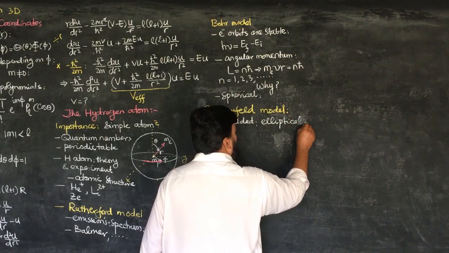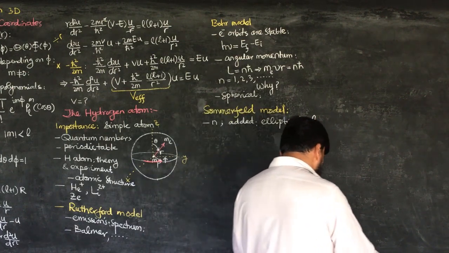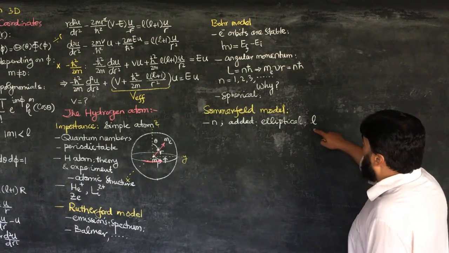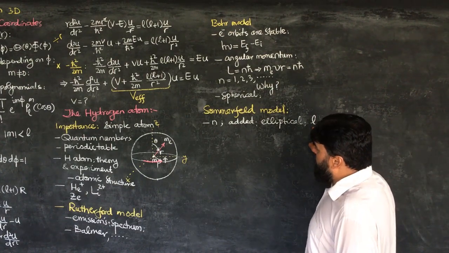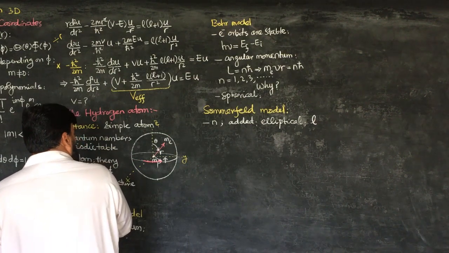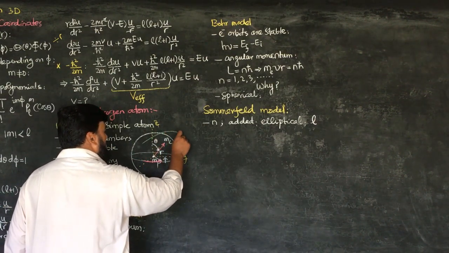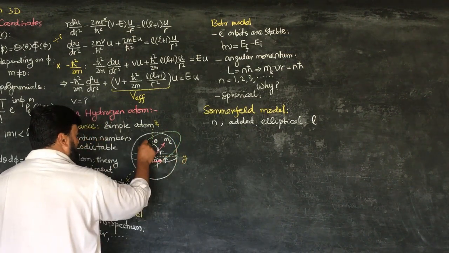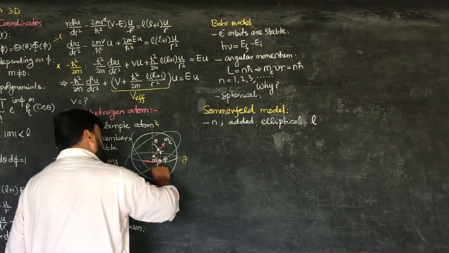And he added another quantum number L, which was the orbital quantum number. It means the orbits are not exactly spherical, but they may also be elliptical, like this.